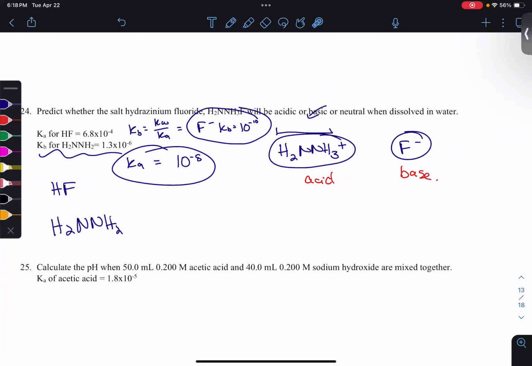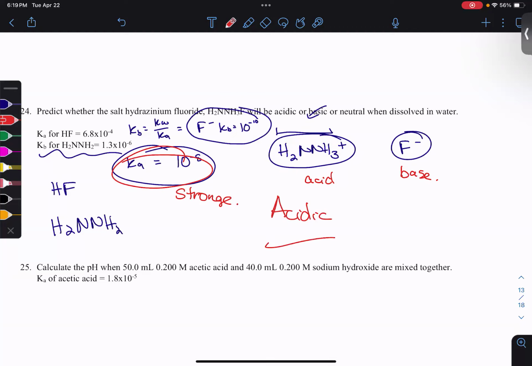The acid, yes, the acid is 10 to the negative 8. There's only 8 zeros and then a number, versus the base has 10 zeros and then a number. So the Ka is stronger here. Basically, the acid component is stronger, so this thing is going to be acidic.